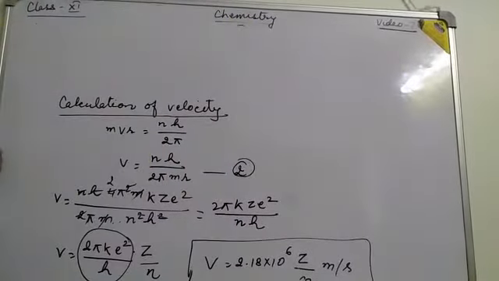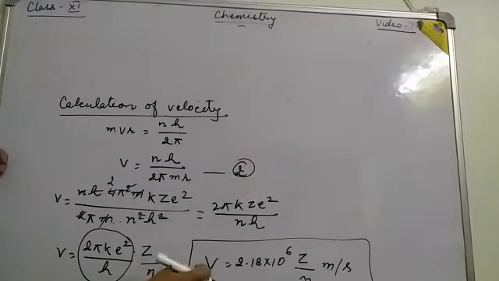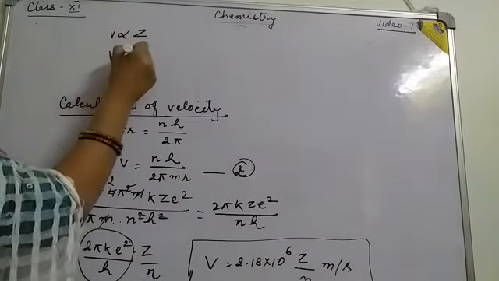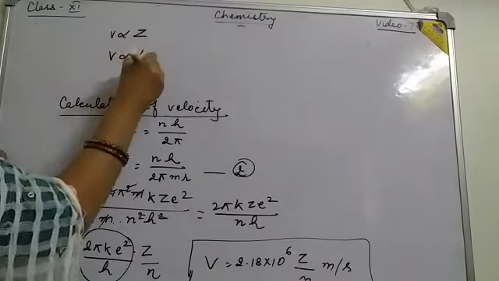So here we can conclude that velocity v is directly proportional to z, and v is inversely proportional to the number of shells, n.